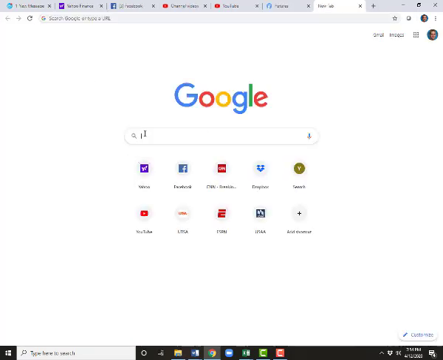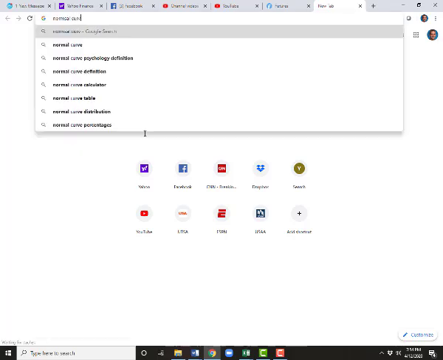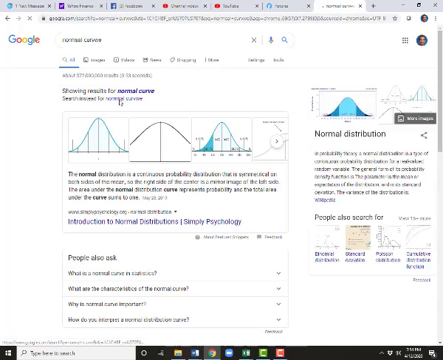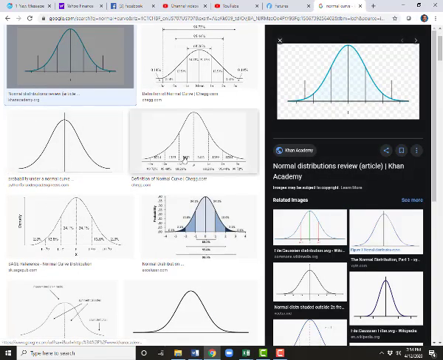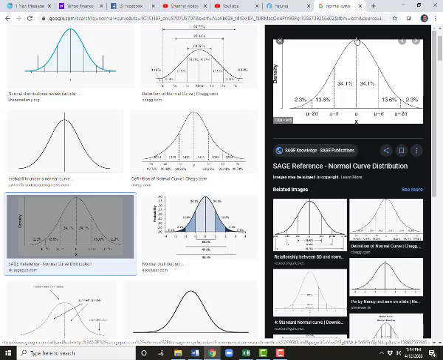So let me just show you a normal curve. You should have seen this in stats. Remember this. If I'm 0 standard deviations from the mean, 0 means I'm right at the average, then 50% is to the left, 50% to the right.